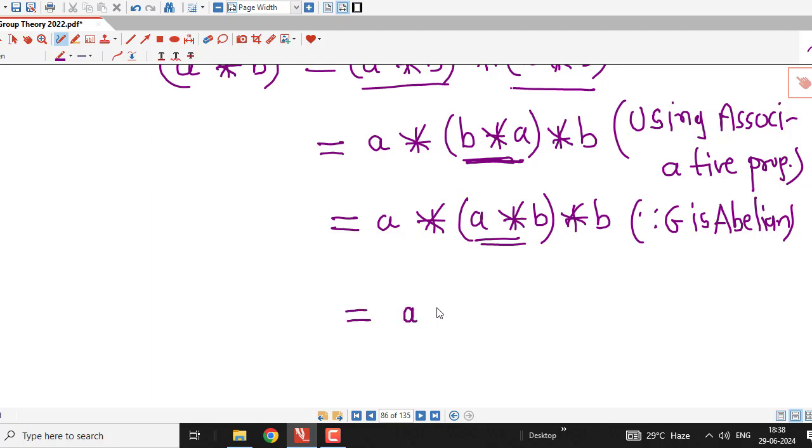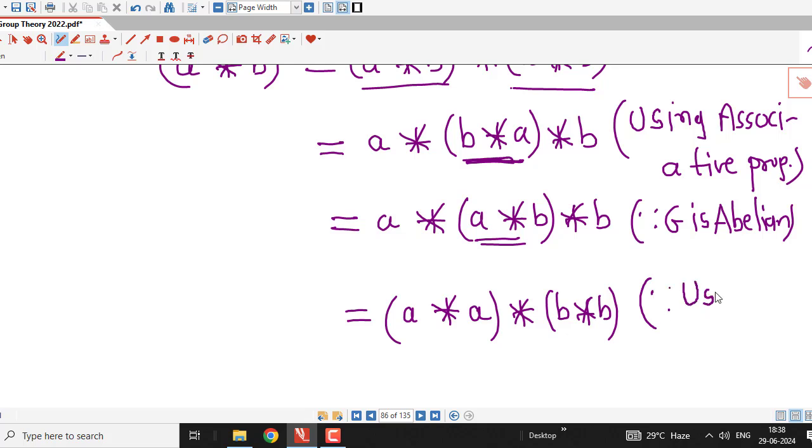Now I am using the associative property again. I will consider this A with this A and this B with the last B. So I am rewriting using the associative property again. So here I have mentioned whatever I am using, the associative property.